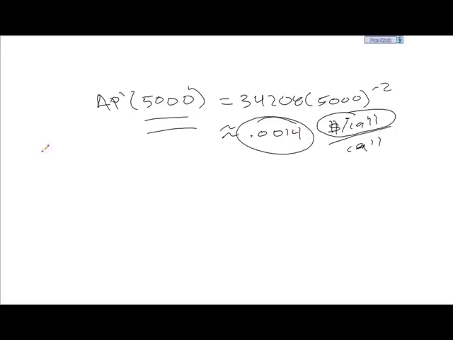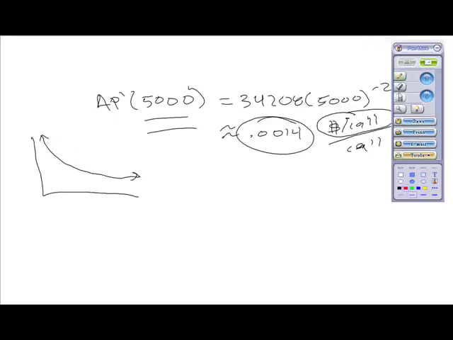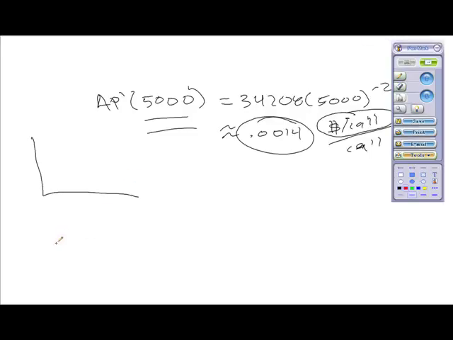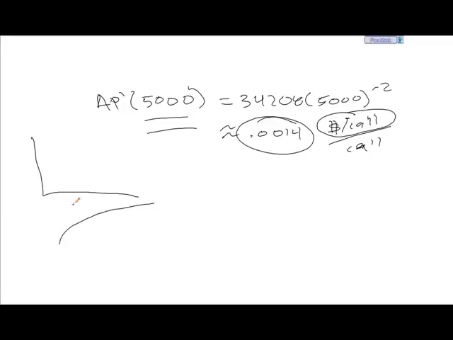Now, why is this actually increasing? Because what we're actually noticing is if you were to graph our average profit function, it would look like this. It starts off very negative at first, but works its way slowly to become more and more positive.